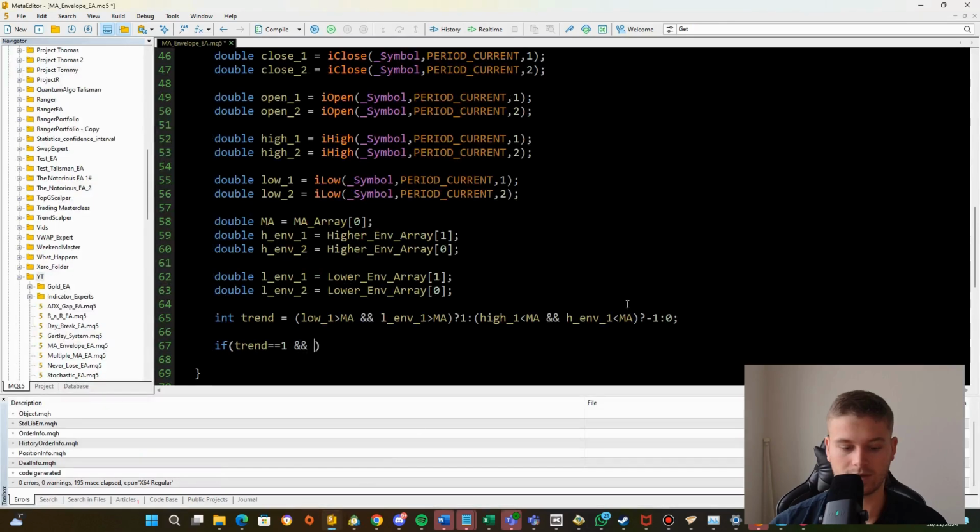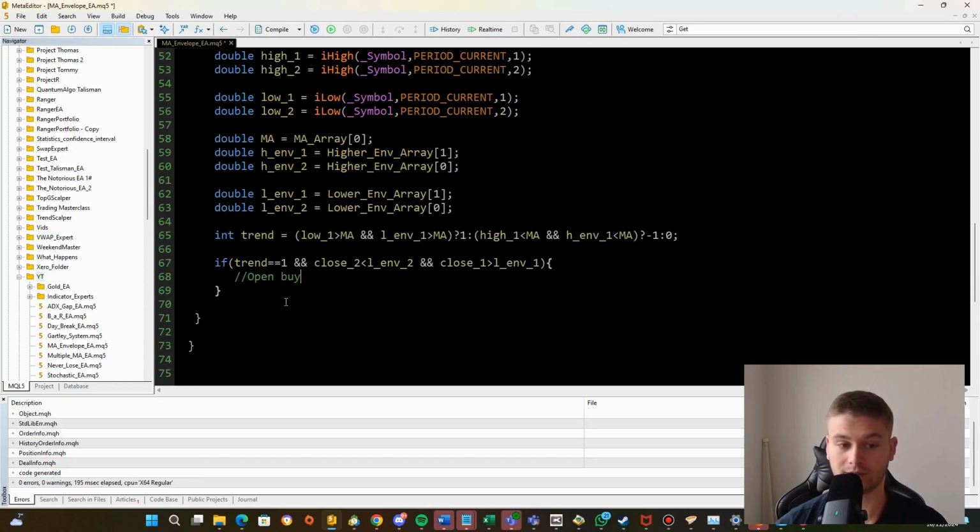So, if close 2 is below the lower envelope 2 and close 1 is above the lower envelope 1, we have open buy position. So we have our signal and we want to open a buy position. So we will do that later.